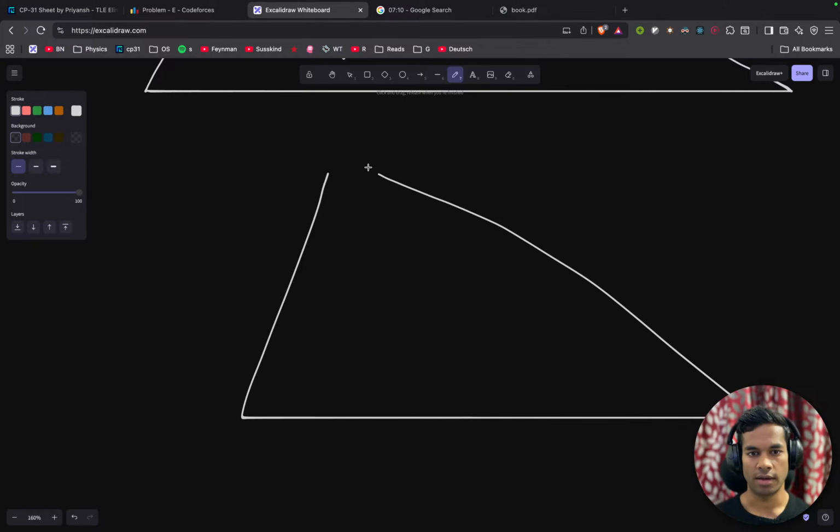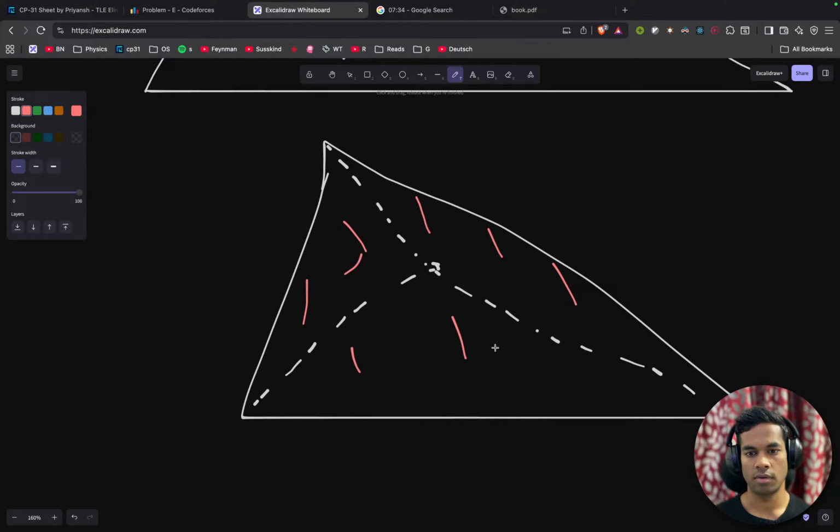We start with a triangle. We get that there is one more point which is in between them. Okay, then we can have 3 choices we could go with, 3 different triangles. This, this, and this.